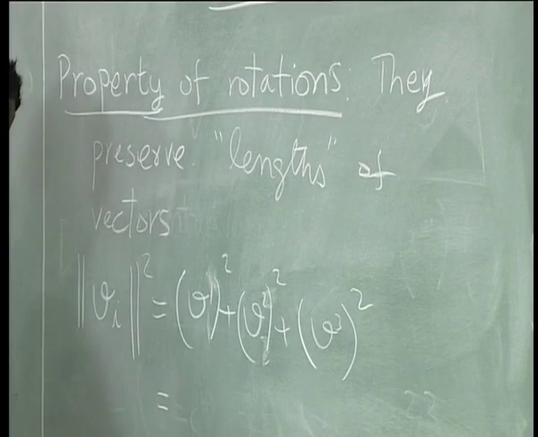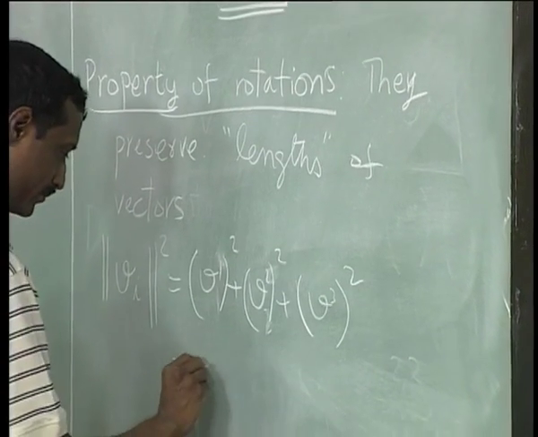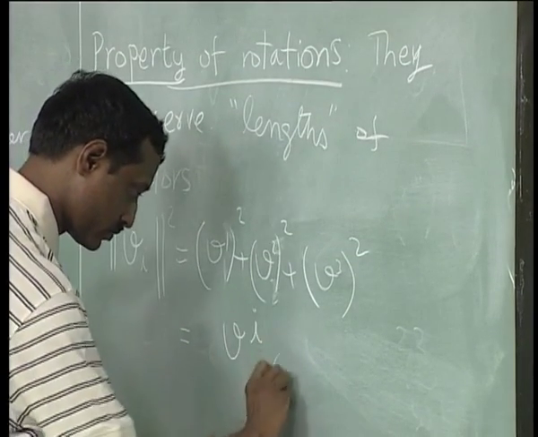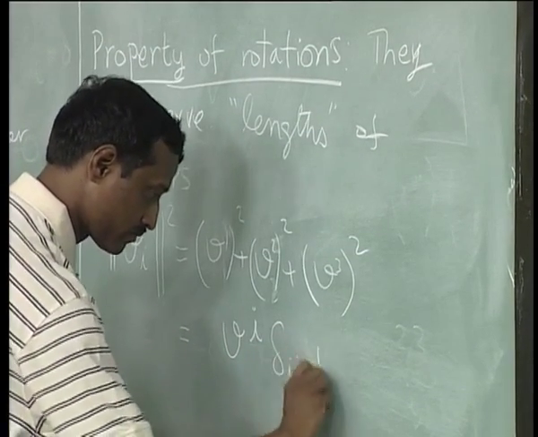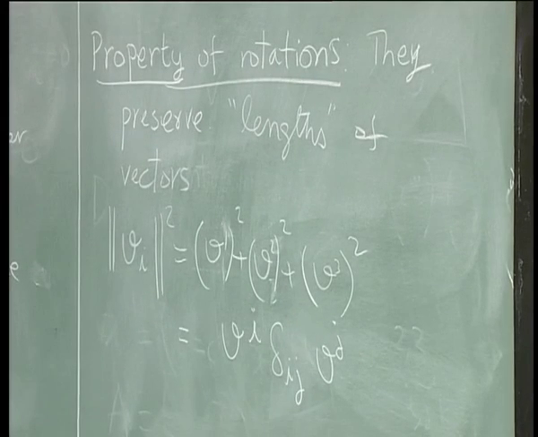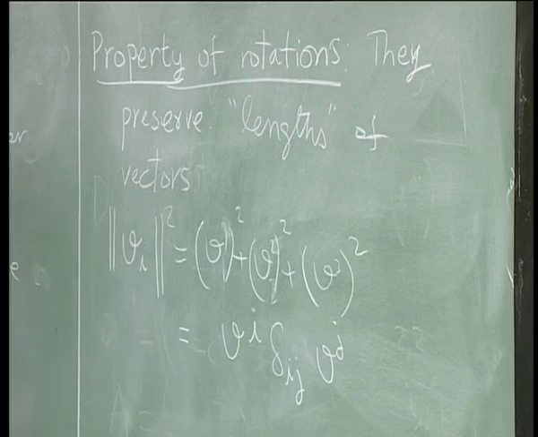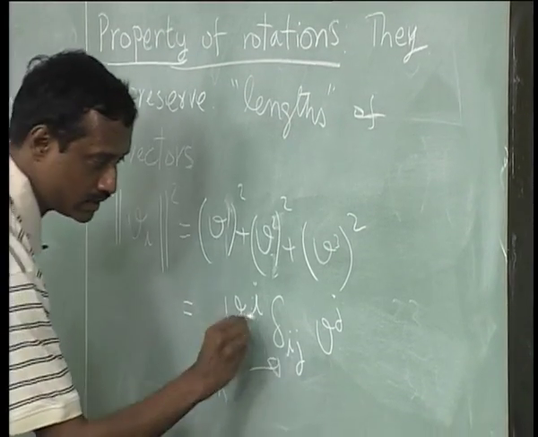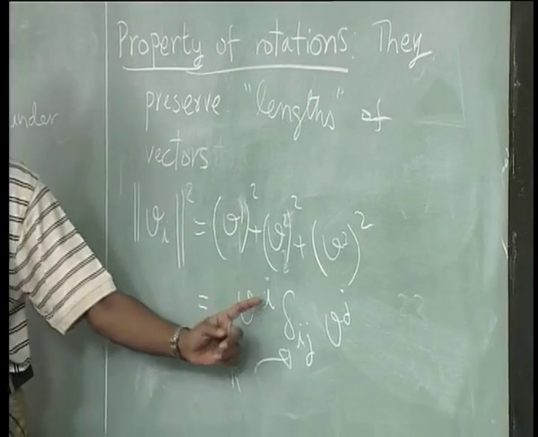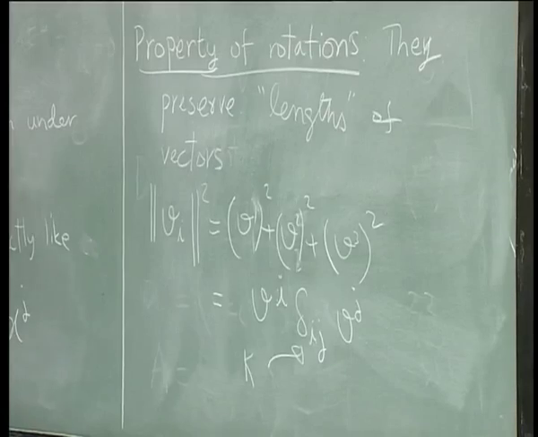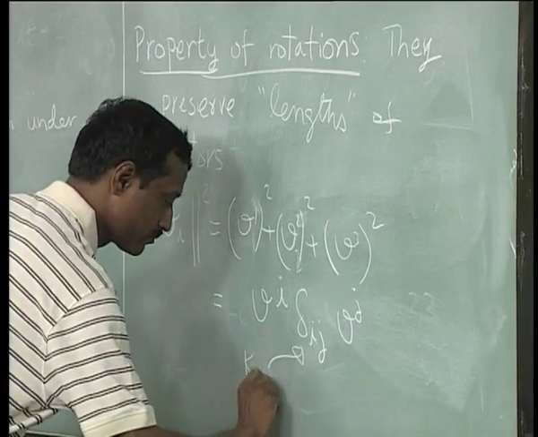You would write something like this, where delta i j is the Kronecker delta, and this i index is summed over because it is one upper one lower repeated, same story out here. This is called the Kronecker delta.